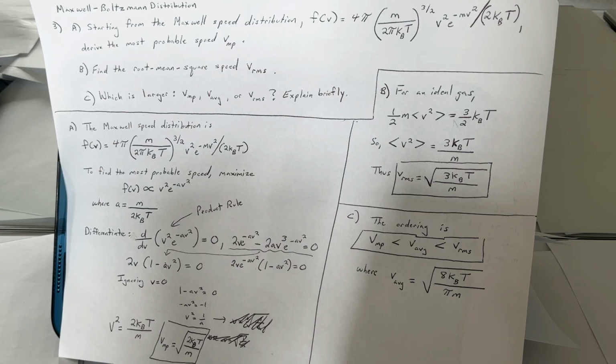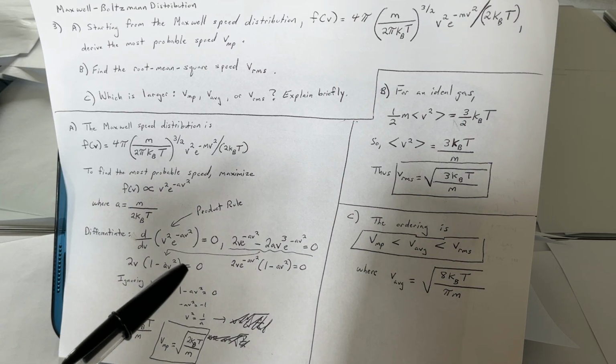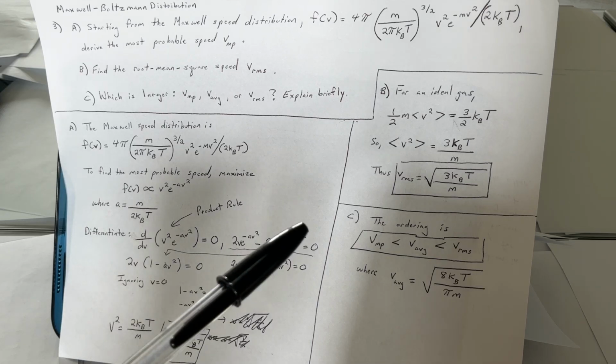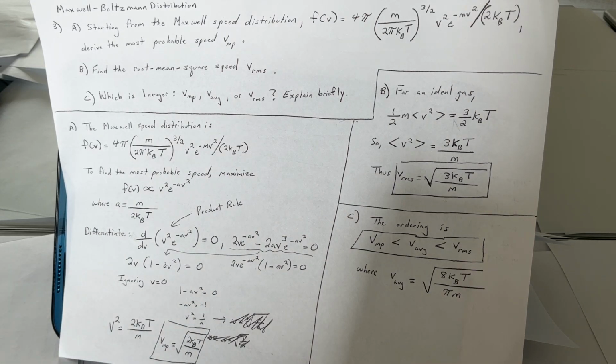We can factor out a 2v, and that becomes 2v times (1 minus a v squared) equals 0. We're ignoring this e to the negative a v squared. Think about what that would become if we plugged in the 0. So v equals 0, or 1 minus a v squared equals 0.